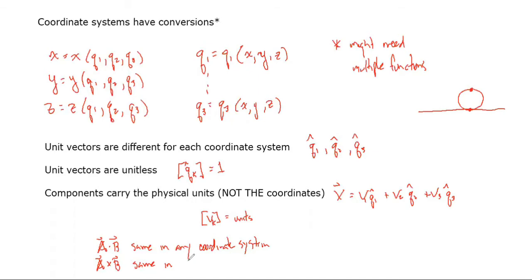So the curl of two vectors, regardless of how I express them in some other coordinate system. So at first we were just making them manually, but now what we're going to do is talk explicitly about vector fields in spherical polar or cylindrical polar, for instance.